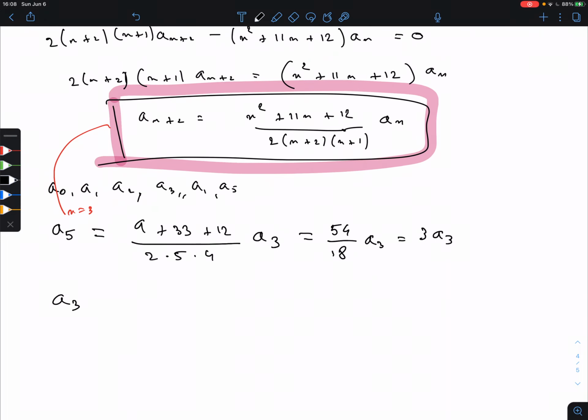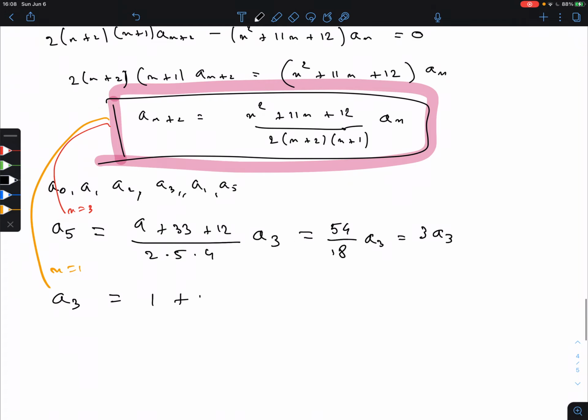Well, you repeat the process, but now with n equals 1. And on the other side, you get 1 plus 11 plus 12 over 2 times 3 times 2. I replace n by 1 in each of these cases, and here of course I get A1. So that is 24 divided by 8, that is A1.